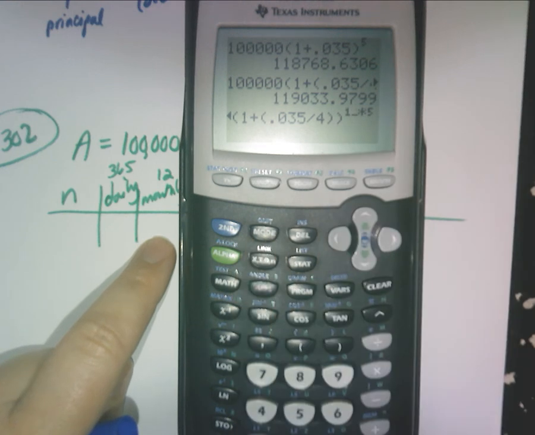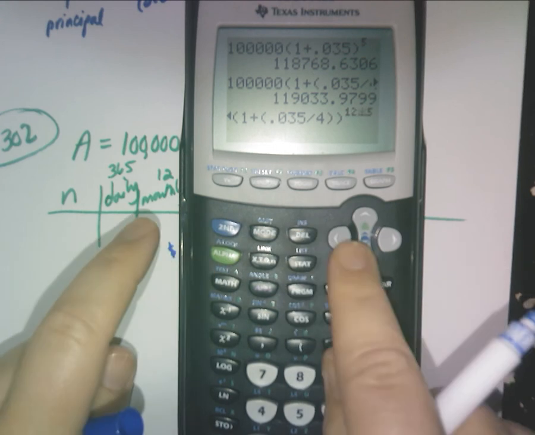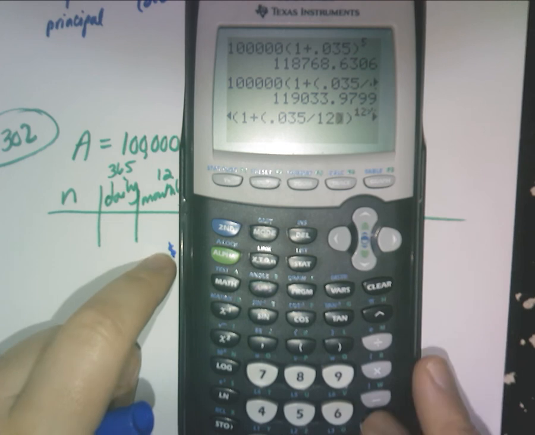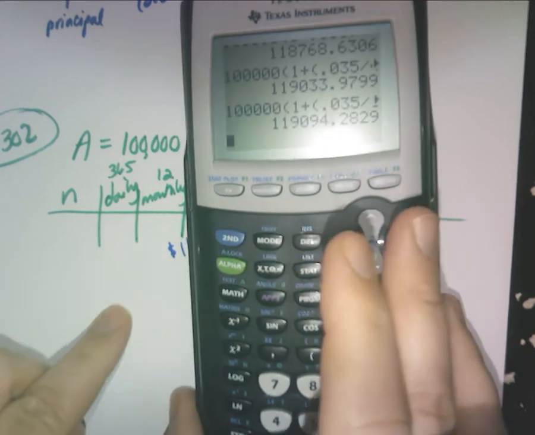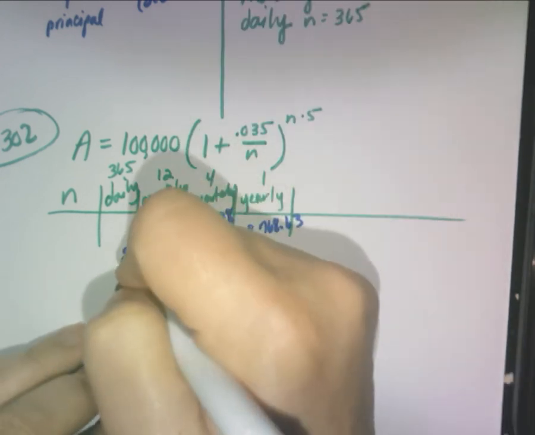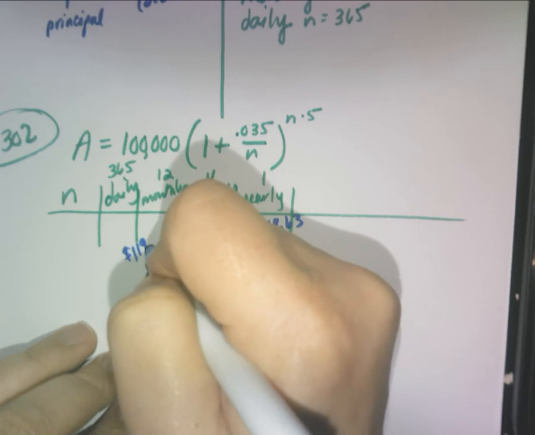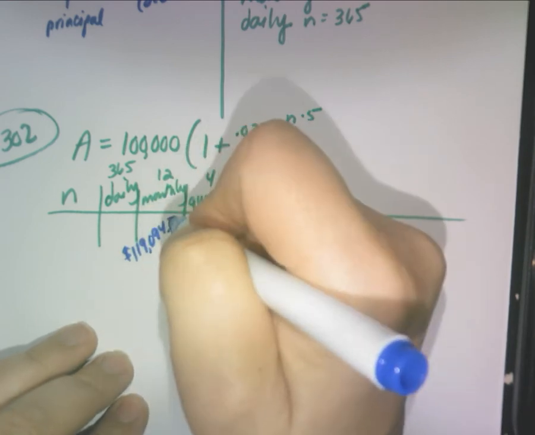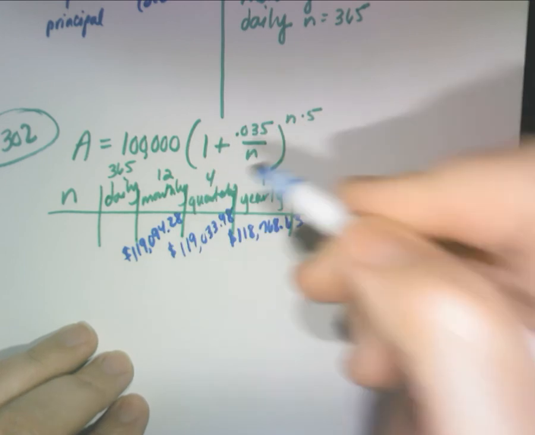So 1, and then second insert 2. 12, second insert 12, delete. 119,094. And how many cents? 29. Is it 29 or I think it's 28.